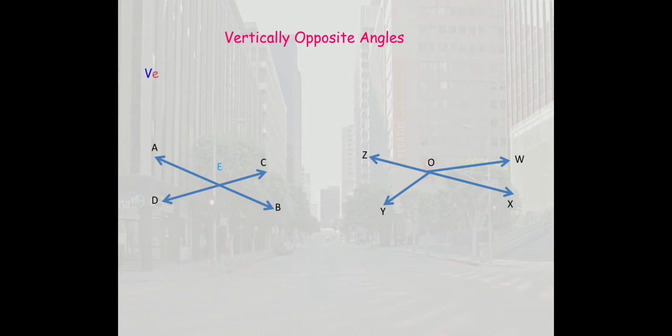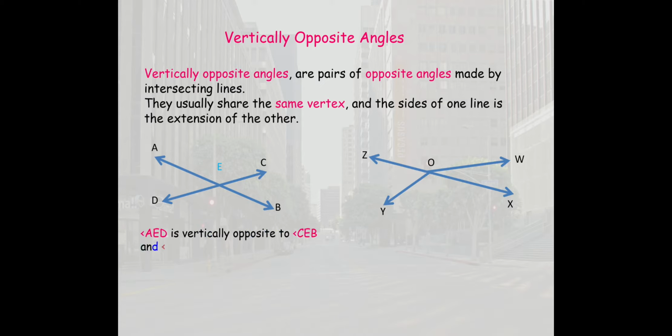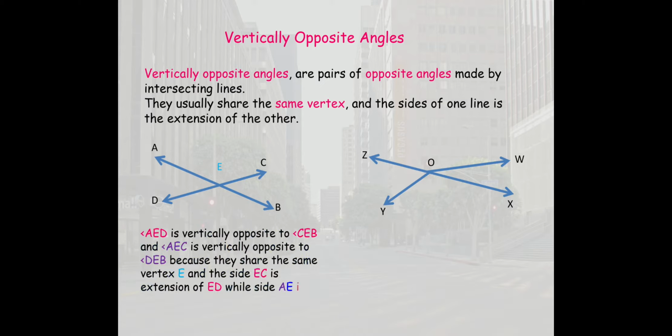Vertically opposite angles. Vertically opposite angles are pairs of opposite angles made by intersecting lines. They usually share the same vertex, and the sides of one line is the extension of the other. So here, if you see on the example on the left side, we have angle AED is vertically opposite to angle CEB.